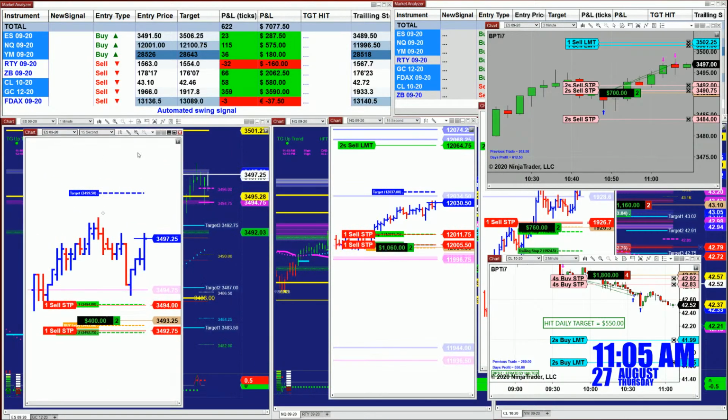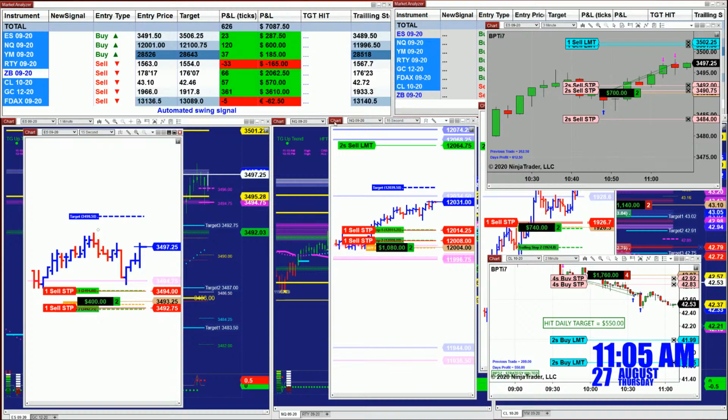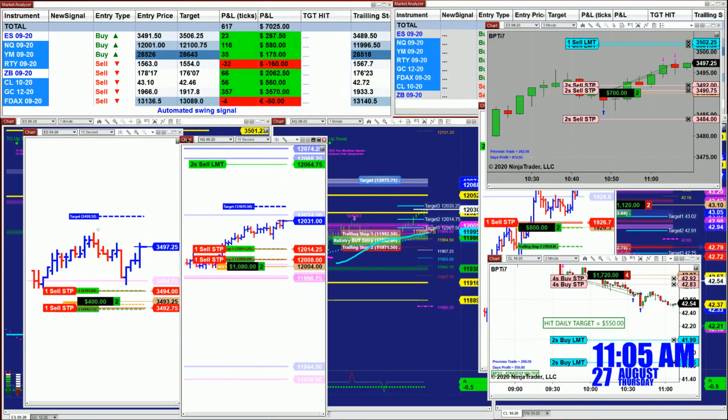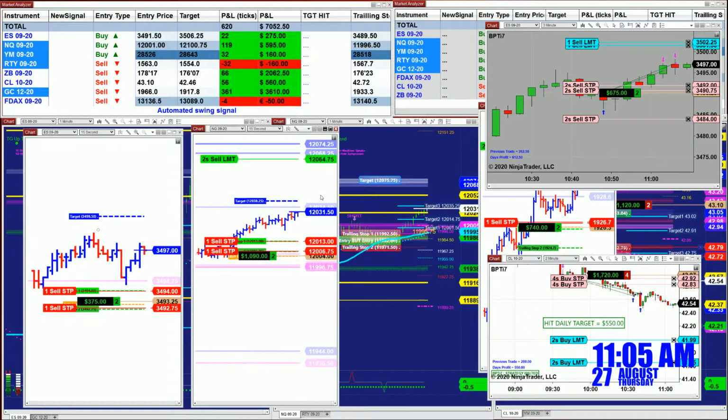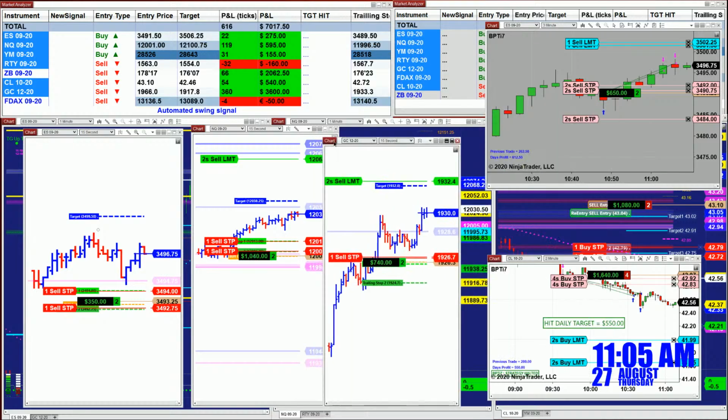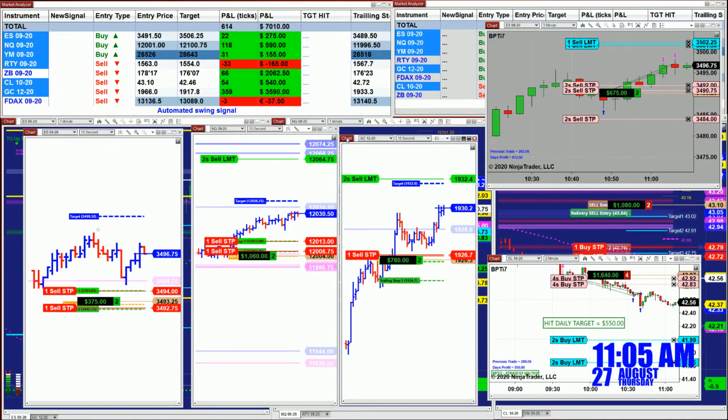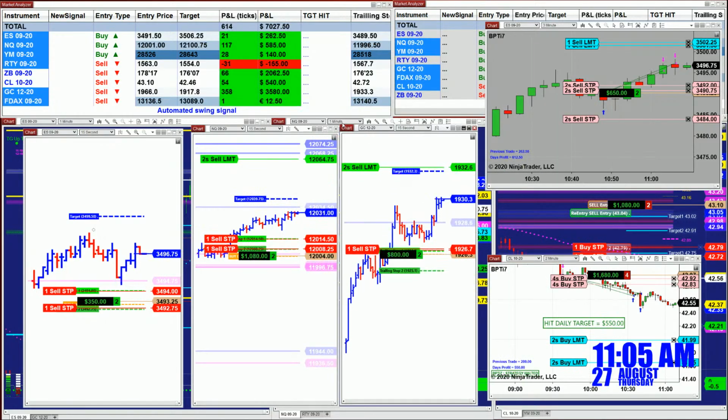We have the ES and the NASDAQ. Well, it hit $1,000 trade anyway. And the gold, 748. And they're all going in the same direction.